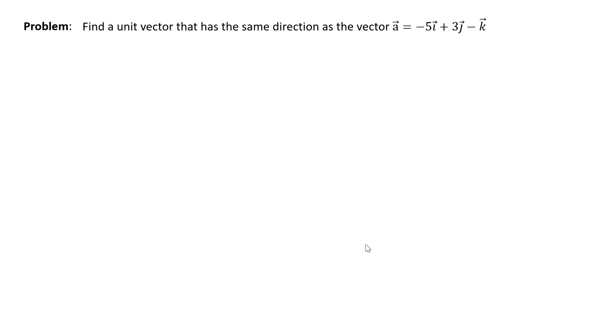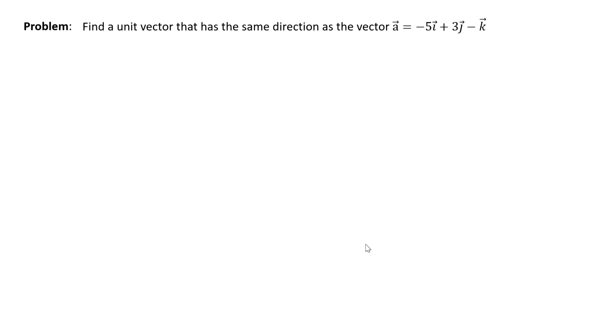Can we say i? i is a unit vector, right? It has a magnitude of 1. But we cannot just simply say that. They didn't say give me a unit vector. They said find a unit vector and put another restriction: it has to have the same direction as this vector A.